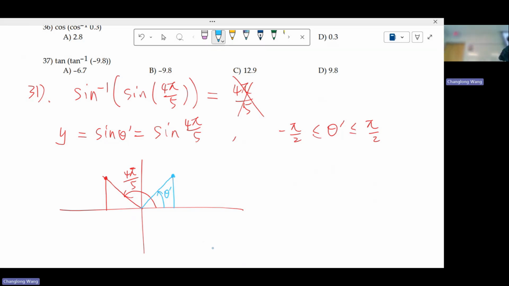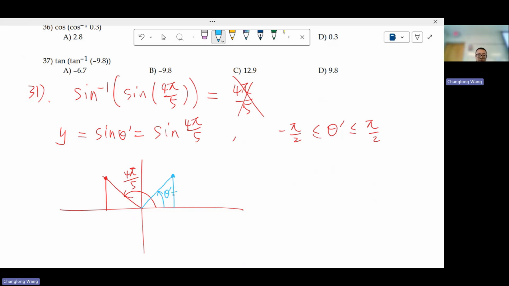But long story short, if you could realize, since the graph is exactly symmetric left and right, this angle should be identical to the angle right over there, right? And that's the supplementary angle of 4 pi over 5. And how much is the supplementary angle of 4 pi over 5?